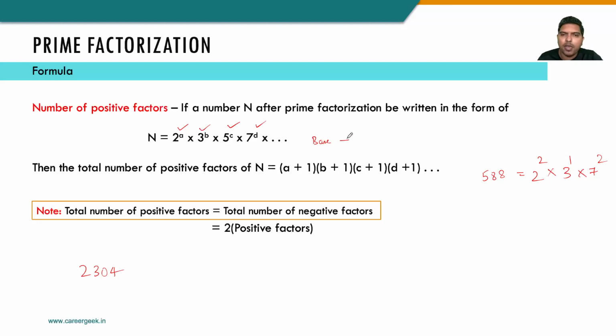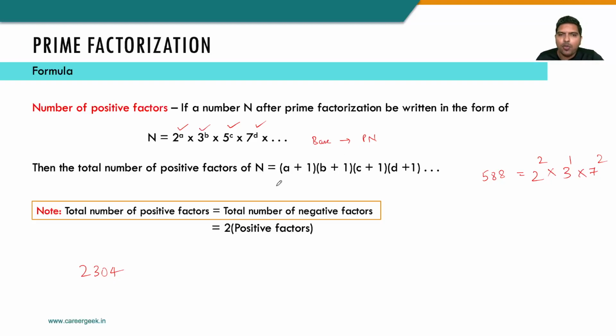Remember, the base has to be a prime number for sure. So the formula directly follows. The total number of positive factors are going to be, irrespective of whatever is the base, it can be 2 or 3, it can be 7, it can be 11, 13, anything, right? The base does not matter. What matters is the base has to be a prime number.